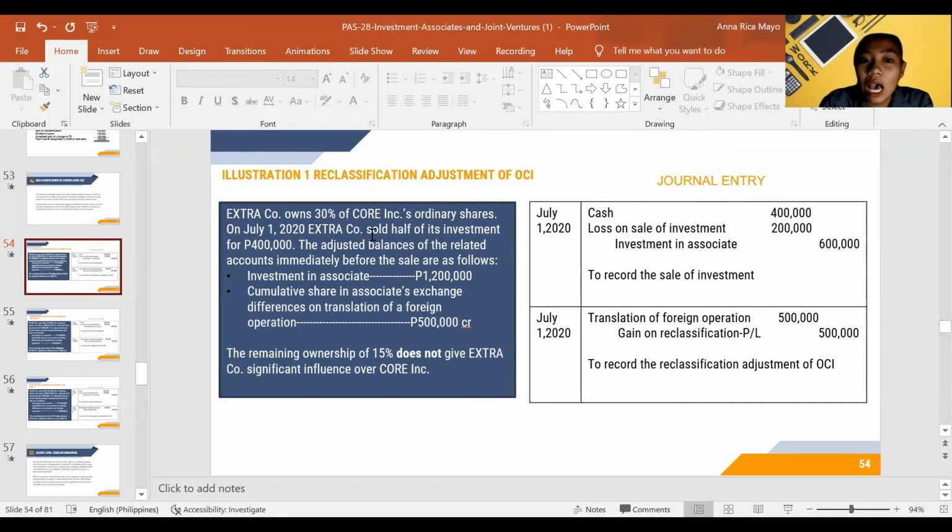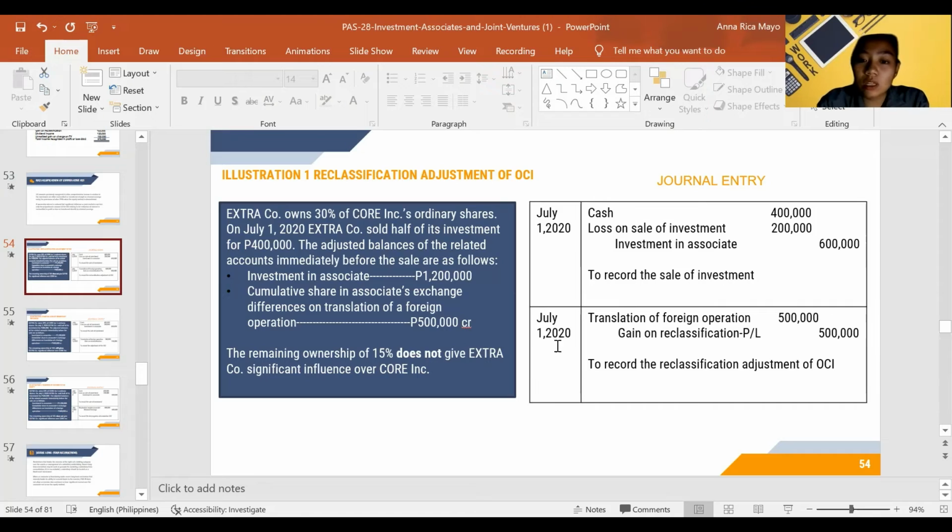Ang sabi dito, only half of its investment ang kanyang ibinenta. Kaya 1,200,000 times mo siya sa 50% or divided by 2 mo siya is equal to 600,000. Eh, ang pinangbenta mo lang 400,000. Kaya magkakaroon ka talaga ng loss on sale of investment na 200,000.